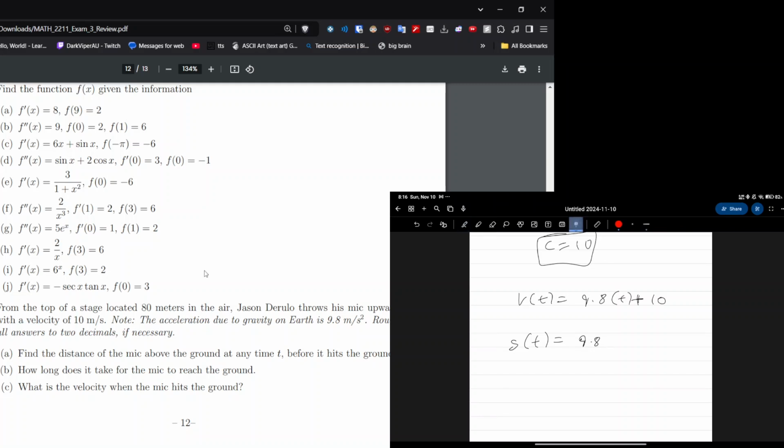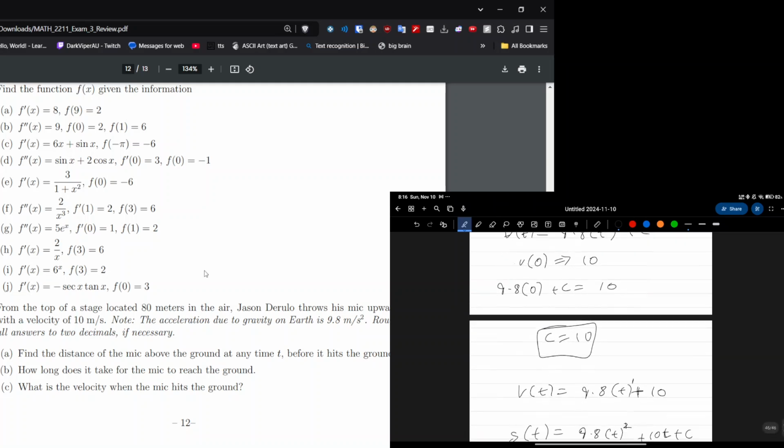The variable over here, I will have to raise its power by 1 and divide by that power. So it becomes 9.8 t squared over 2 plus 10t plus c. Now what else have I been given? I've been given that it's located 80 meters high in the sky.